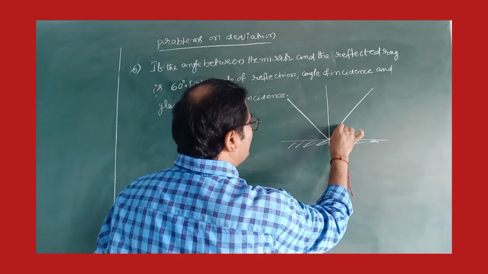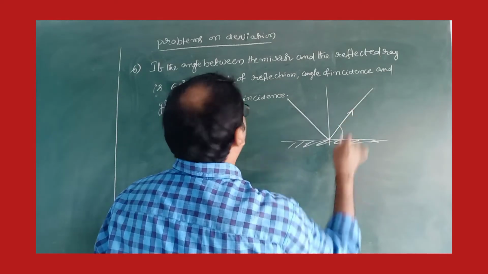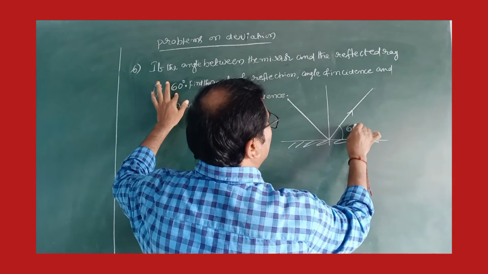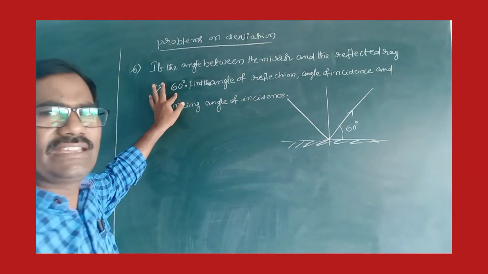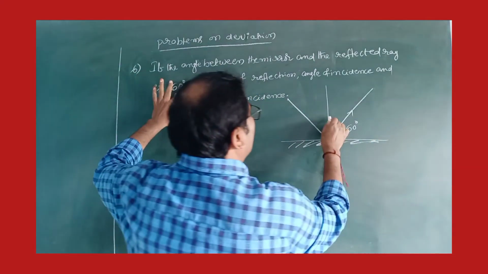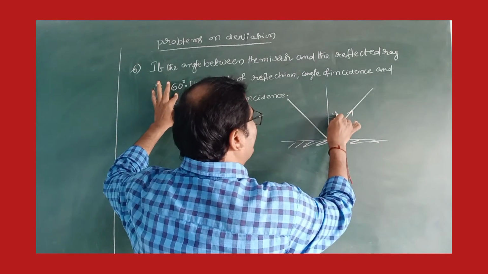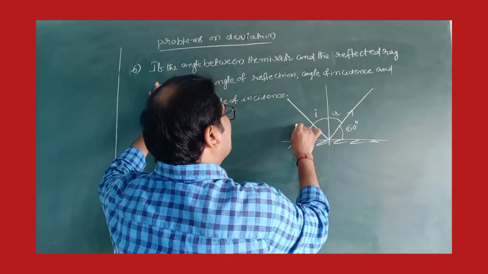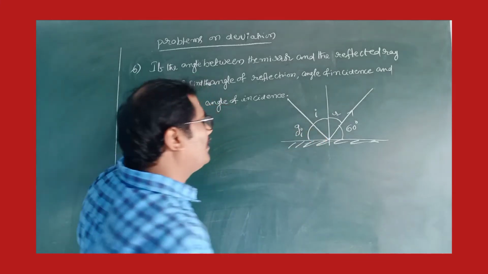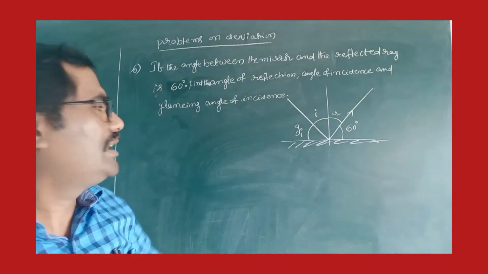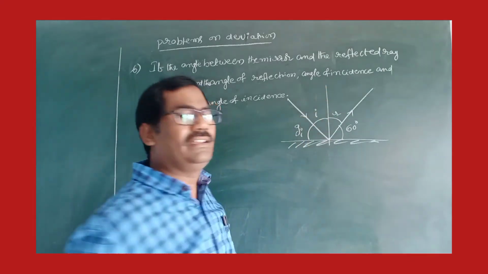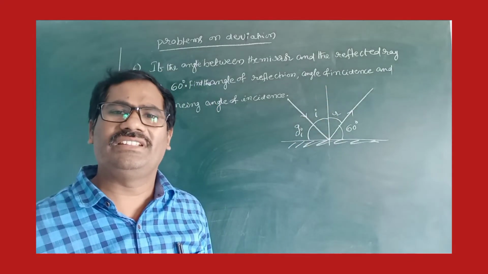The angle made by the reflected ray with the mirror is 60 degrees. To find the angle of reflection, angle of incidence and glancing angle of incidence also.